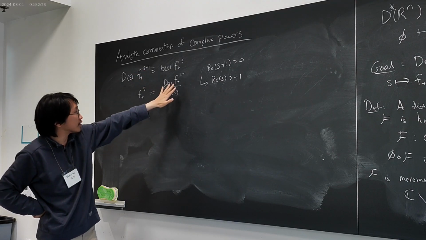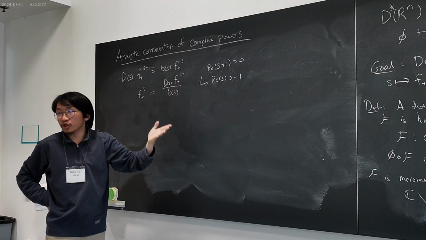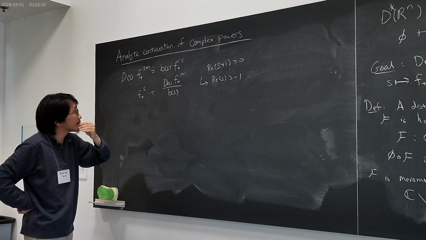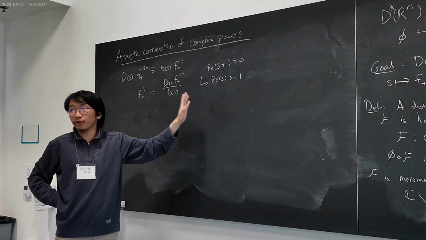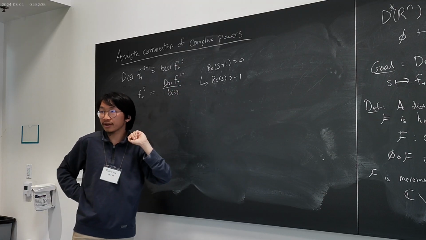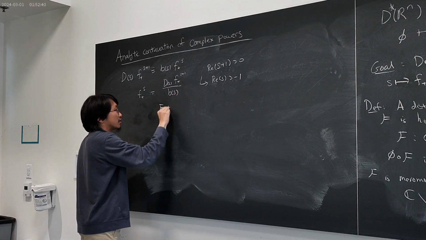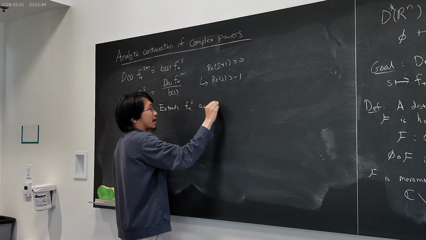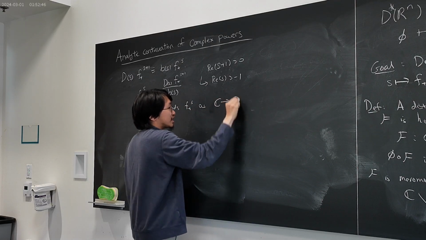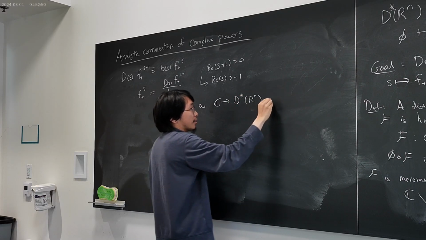So we do have to be able to talk about how to apply d to a distribution in general. But it will agree with the notion of f_+^(s+1) as a function for s in the right half of the complex line. So this does extend f_+^s as a meromorphic function.